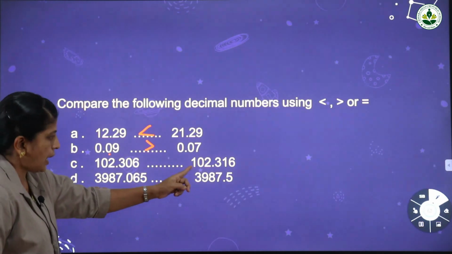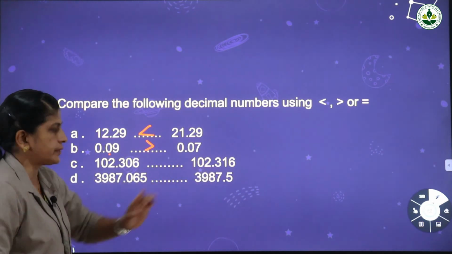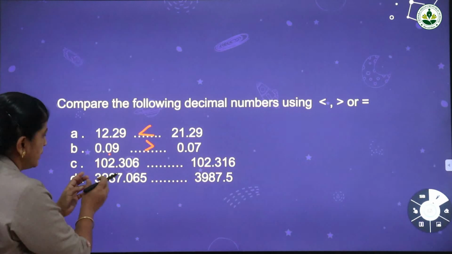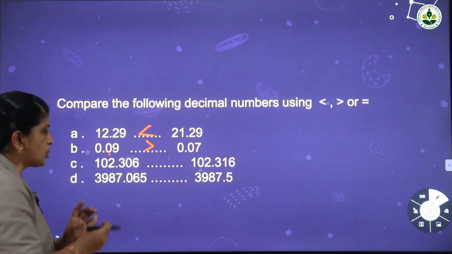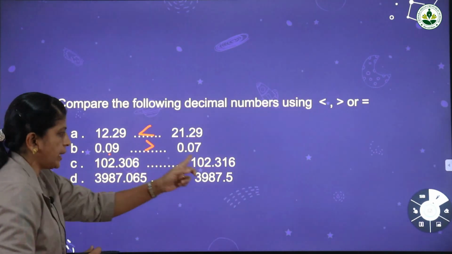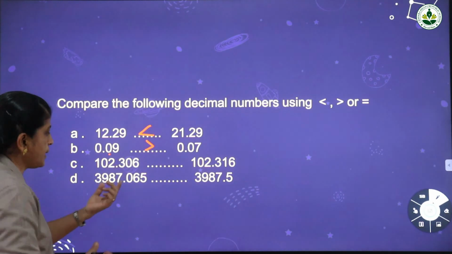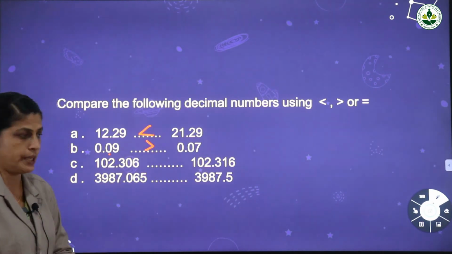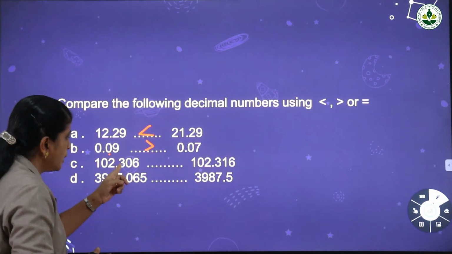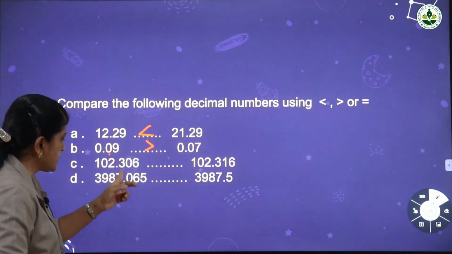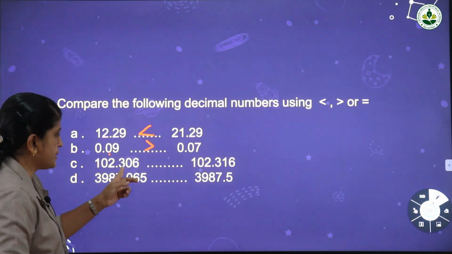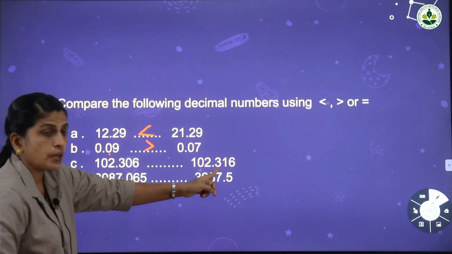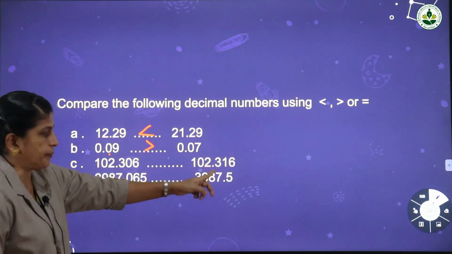Then next question, 102.306 and 102.316. The whole number part in both numbers is the same, 102 and 102. Then look at the digits after the decimal point. First check the 10th place digit. For the first number the 10th place digit is 3. For the second number also the 10th place digit is 3. They are the same.